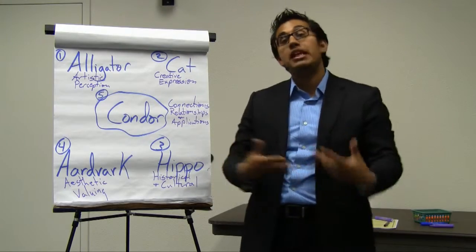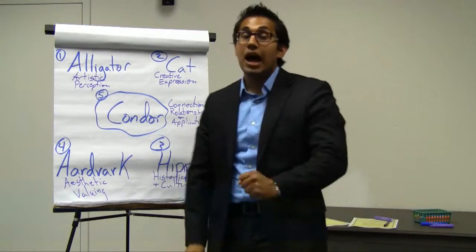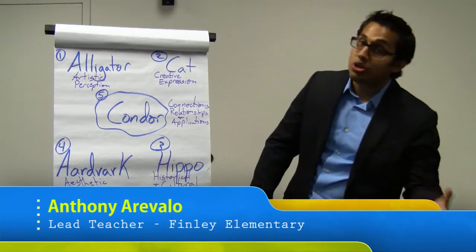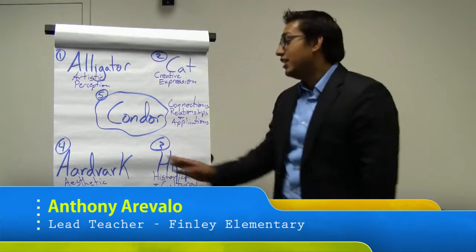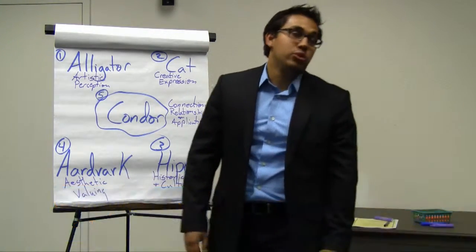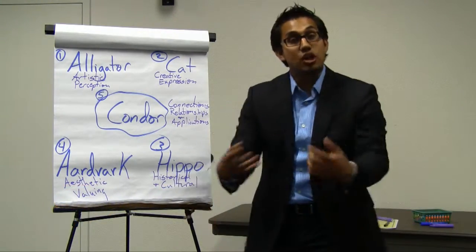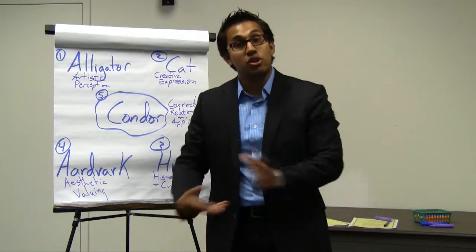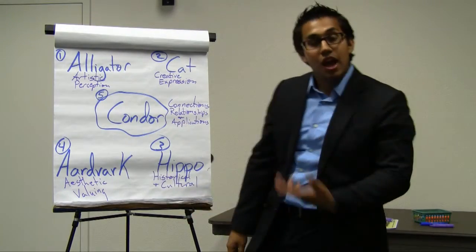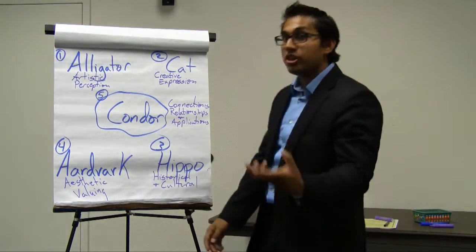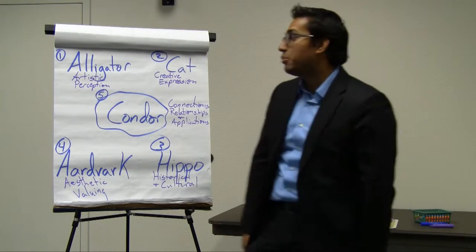Think of how you are relating the artwork to history, or how you are relating the artwork to the culture. In corner number 4, we have the aardvark. What animal's in corner number 4? The aardvark. Aardvark stands for aesthetic valuing. Aesthetic valuing is all about judging or evaluating a piece of art based on criteria that you've created or come up with.